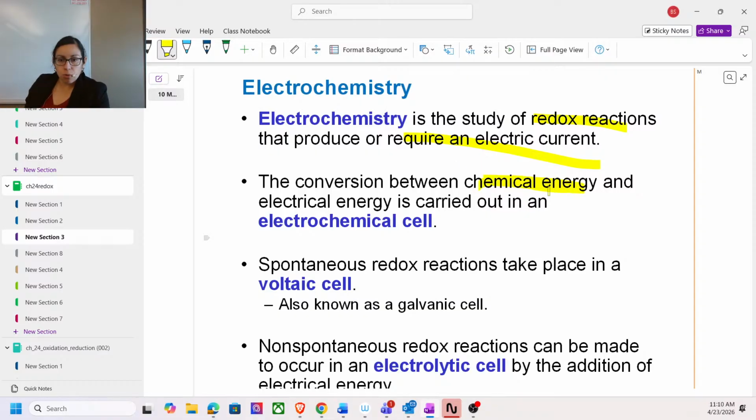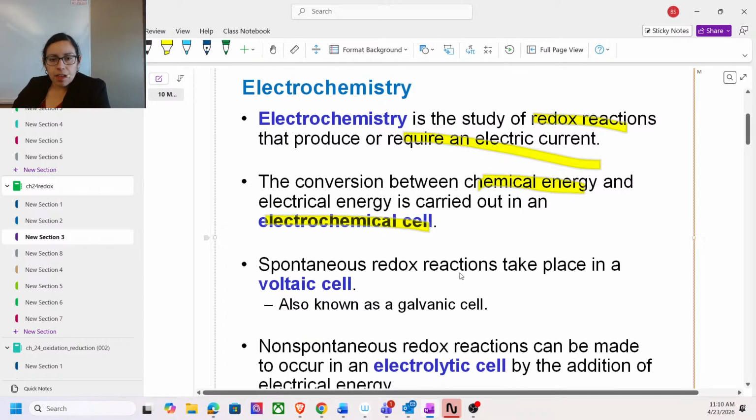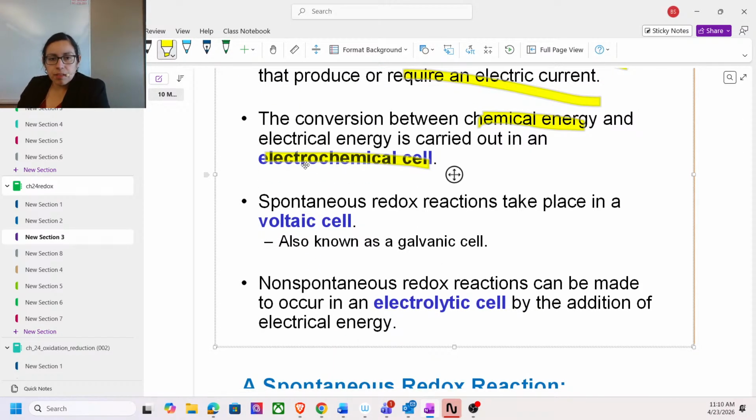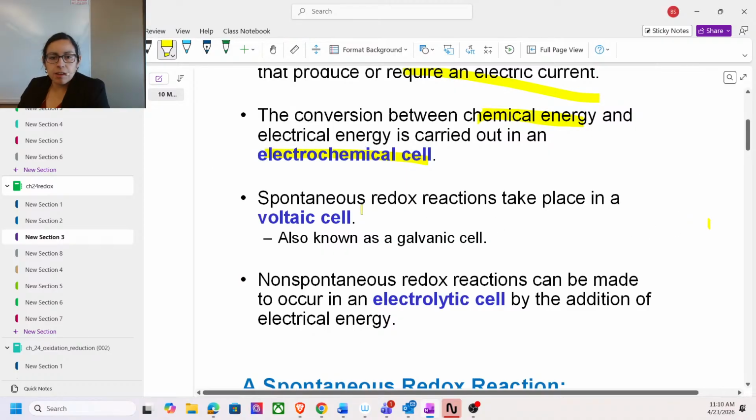So that's stored as our chemical potential energy based off of our reduction potentials of our paired anode-cathode reactions. And that would take place in our electrochemical cell. So just converting that energy. And these spontaneous reactions are called a galvanic cell.